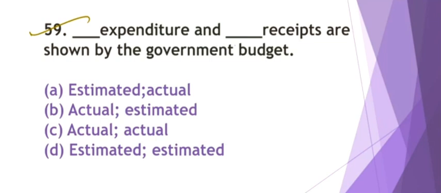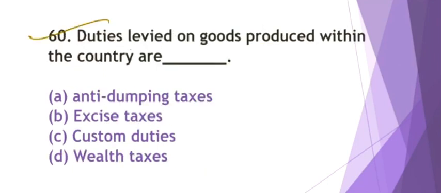Dash expenditure and dash receipt are shown by the government budget. Option number D, estimated expenditure and estimated receipt are shown by the government budget. 60. Duties levied on goods produced within the country are dash. Excise taxes.